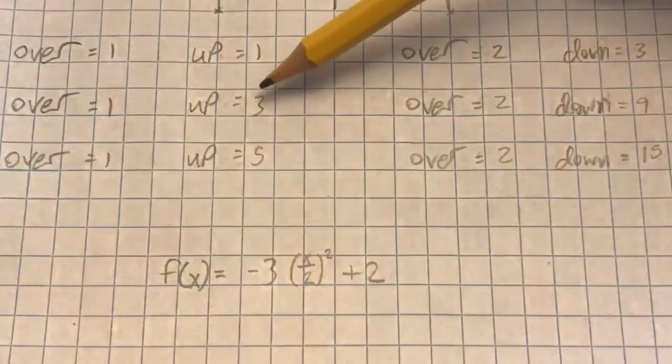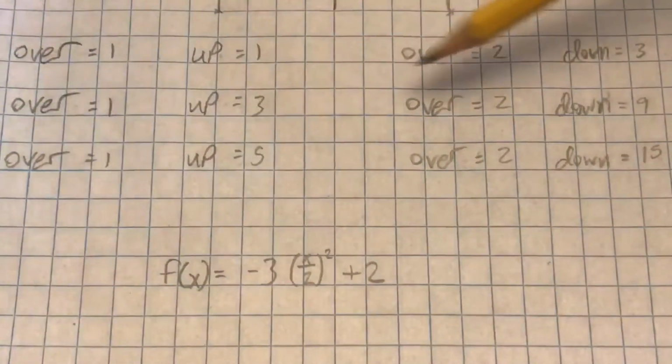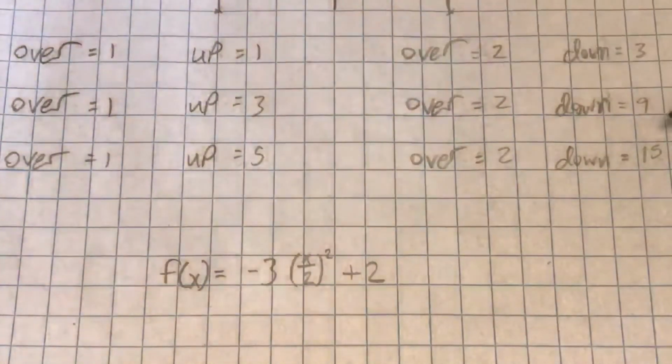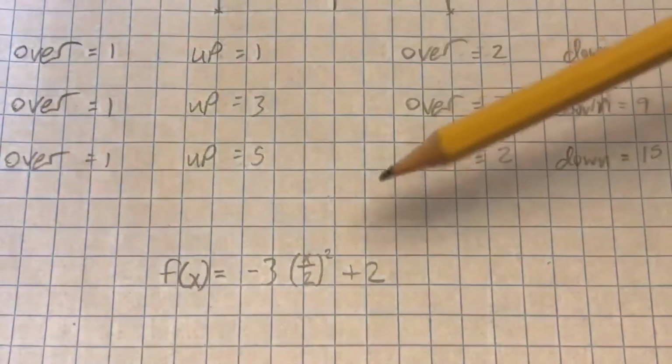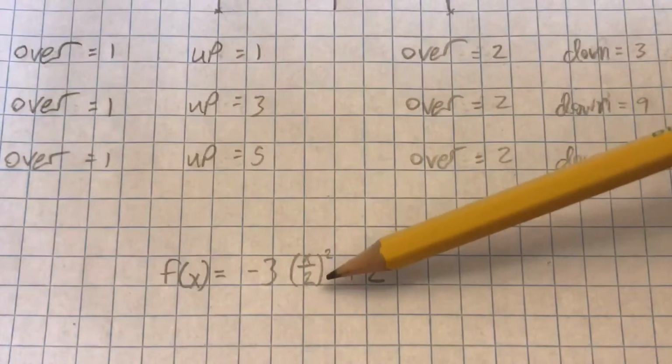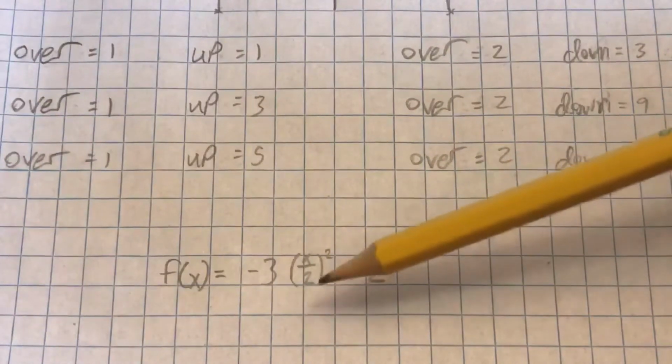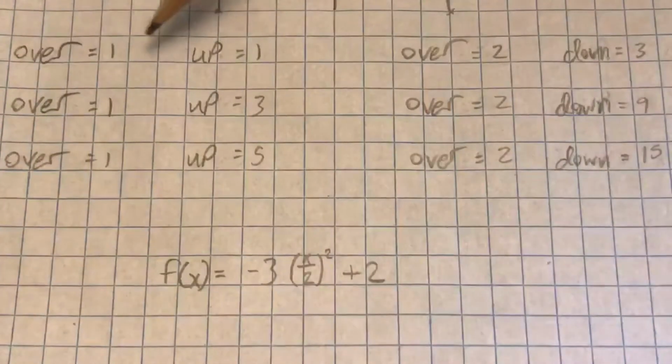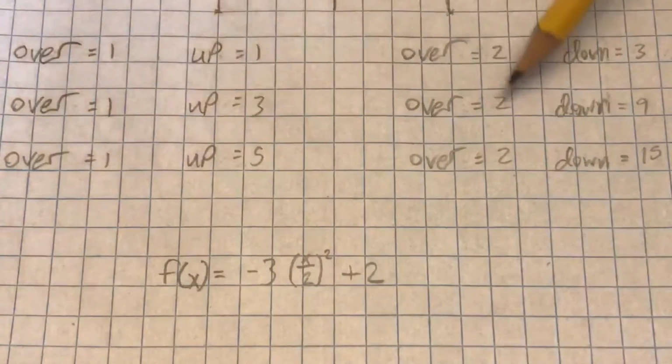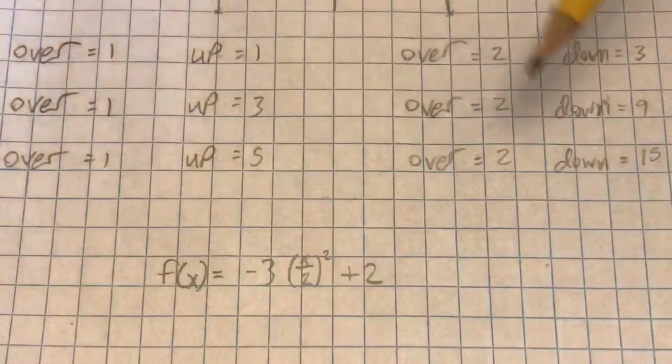Then it goes down 9, because 3 times 3 is 9, and then down 15, because 3 times 5 is 15. And then in the horizontal dilation of 2, seen right there, it goes over 1, over 2, over 1, over 2, over 1, over 2.